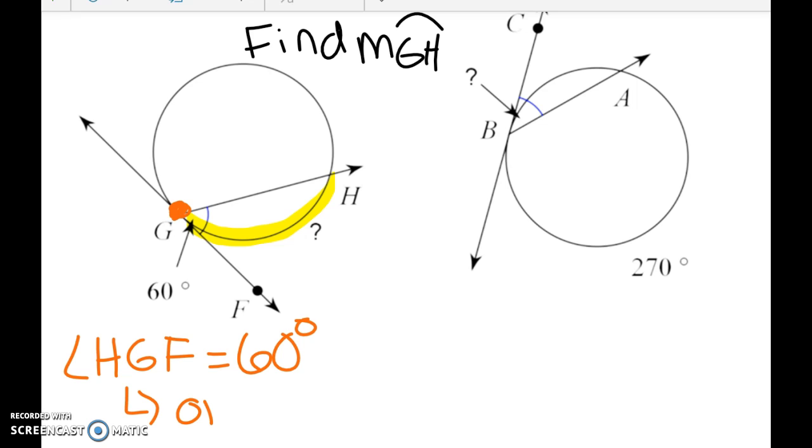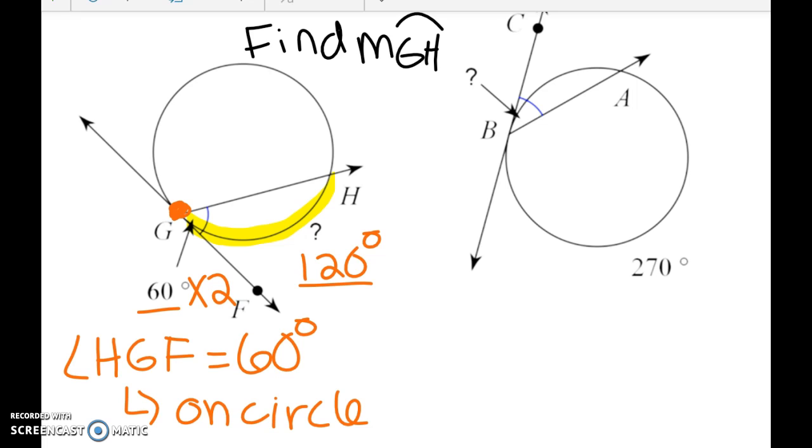In this case, it is on the circle. So if it's on the circle, the angle is half the arc. The arc has to be the big one. So in order to go from 60 to the arc, I have to double it. When I double 60, I know that the arc has to be 120 degrees.